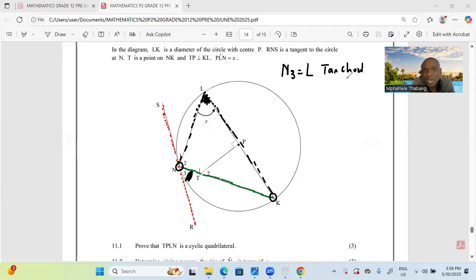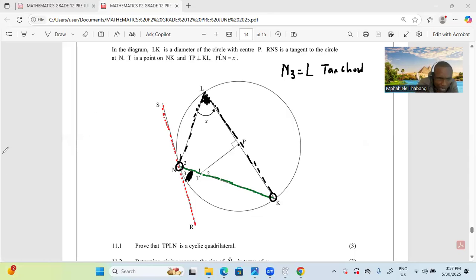It is a good idea in Euclidean geometry not to rush in answering the questions. What you should do is go through the diagram, interpret the diagram, and look for the angles that are equal. Why are they equal? N3 equals L due to the tan chord theorem.